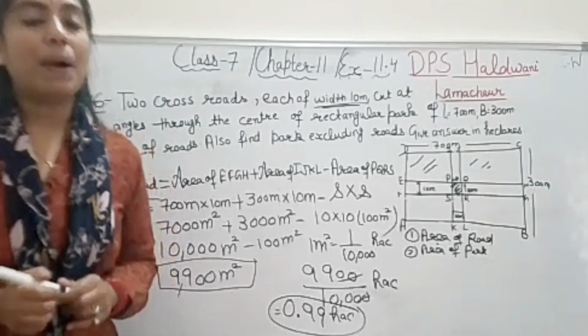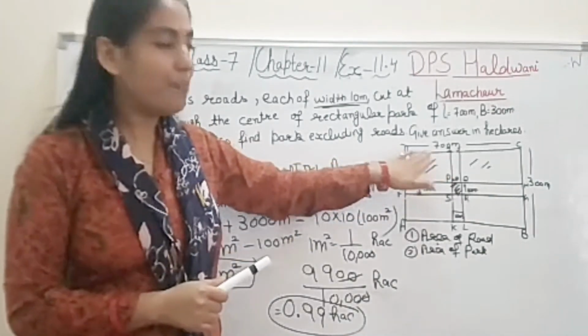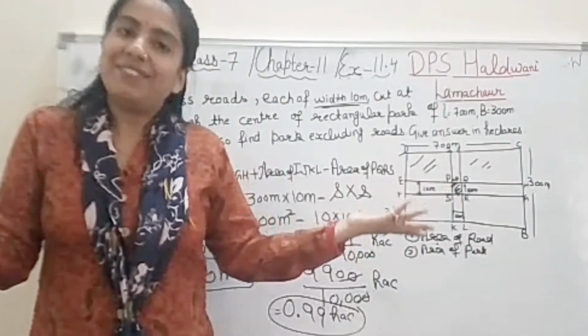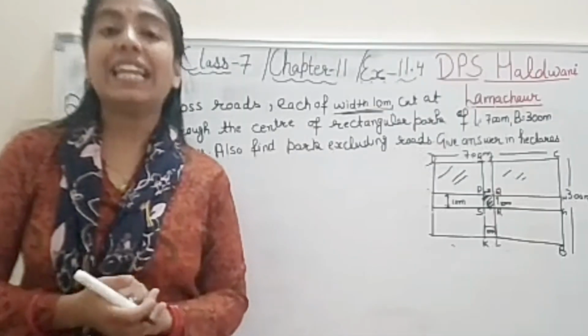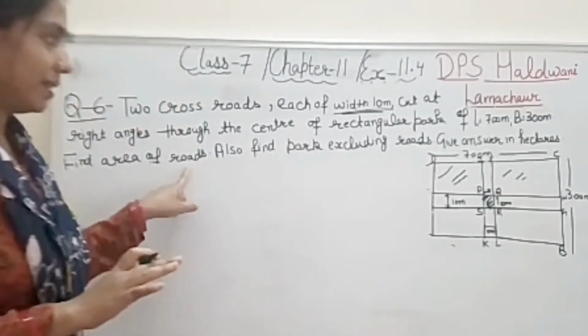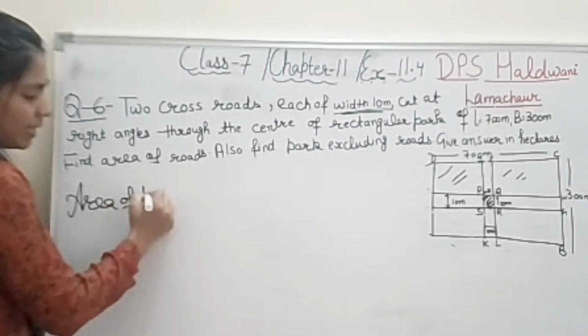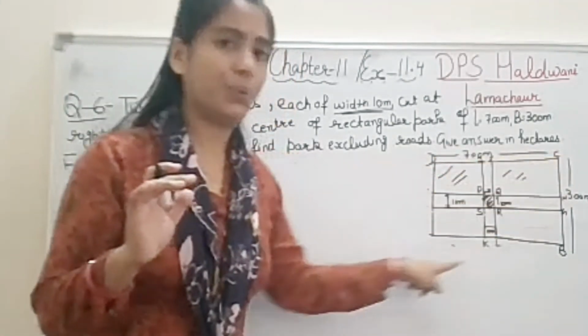Now coming to the second part, we have to take out the area of park. So this area of park minus area of road. Very simple. Okay. So now coming to this part. Now second, area of park excluding road. So the area of park, as you can see from the figure only area of park is given to you.